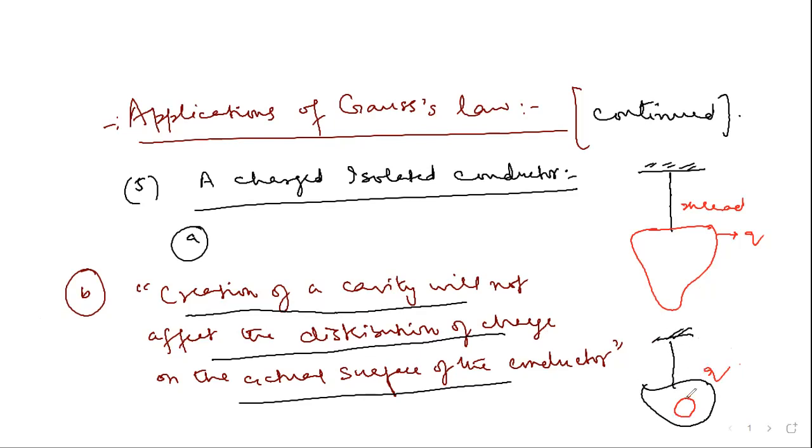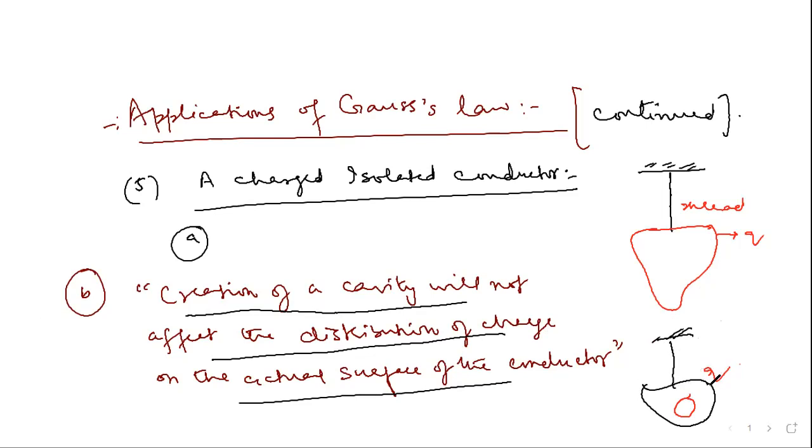How can charge move within the body of the conductor? Either the electrons from the actual surface of the conductor will move to the cavity walls, or from the cavity walls, electrons will move.